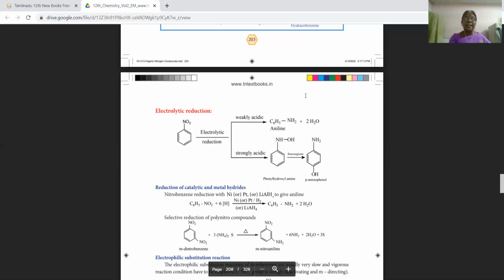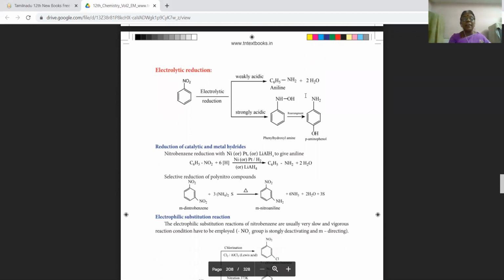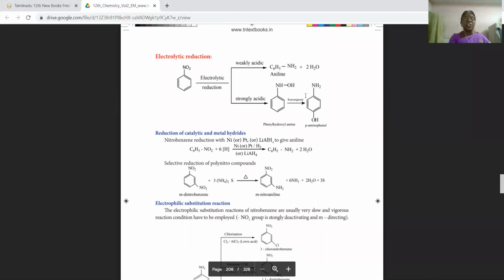If it is strongly acidic, you will get phenylhydroxylamine, and by rearrangement, you will get para-aminophenol. Reduction by catalytic and metal hydrides. Nitrobenzene reduction with nickel or platinum or lithium aluminum hydride gives aniline. That reaction is only given here.